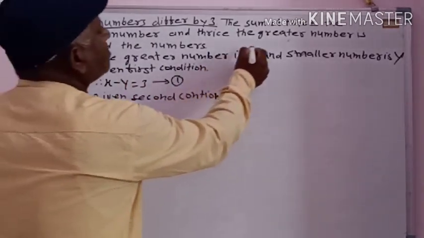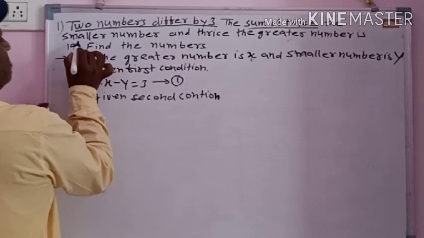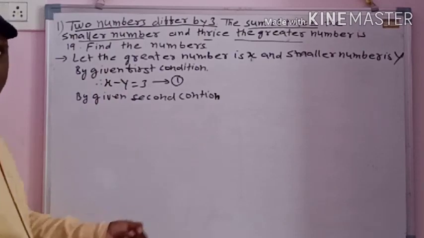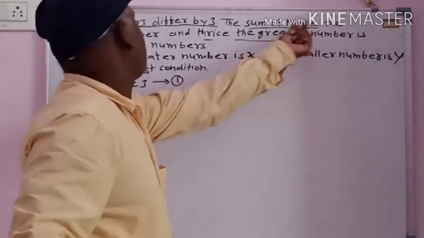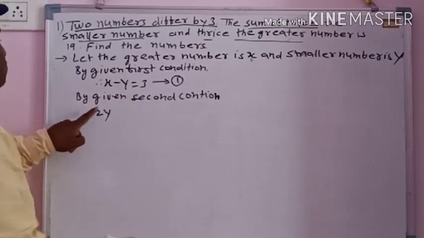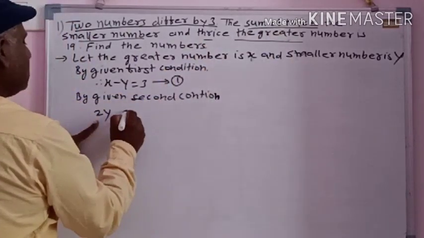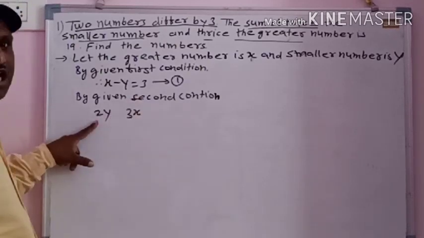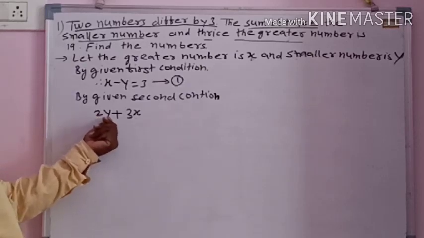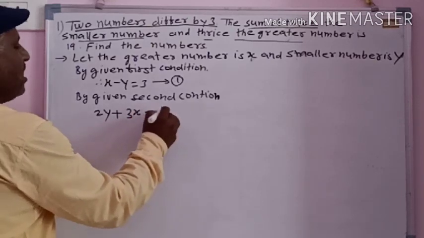The second condition is the sum of twice the smaller number and thrice the greater number is 19. The sum means addition. The smaller number is y, so twice is 2y, and thrice the greater number x is 3x. The sum of both is 19.